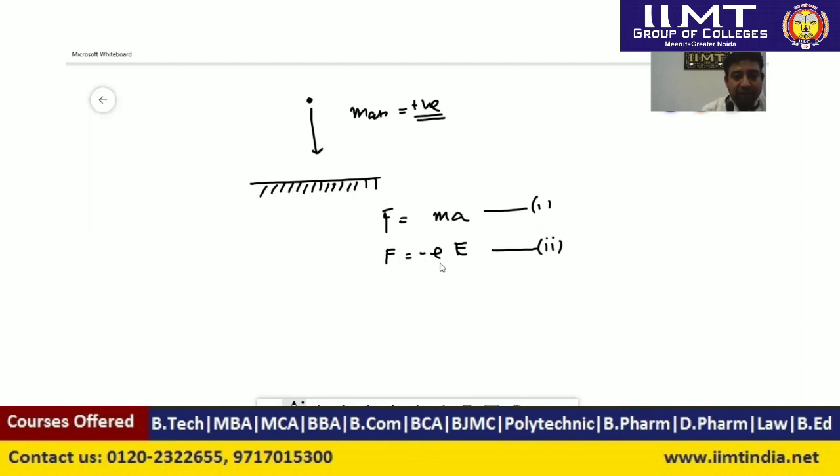This minus sign shows that the electron always moves in the opposite direction of the electric field. If we compare these both equations, we will get mass into acceleration equals minus Q into E, which gives us acceleration equals QE by M.